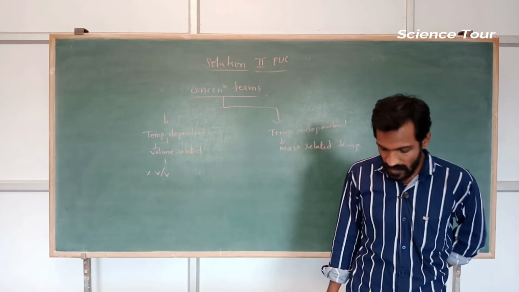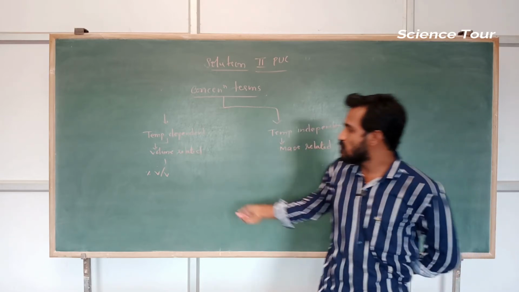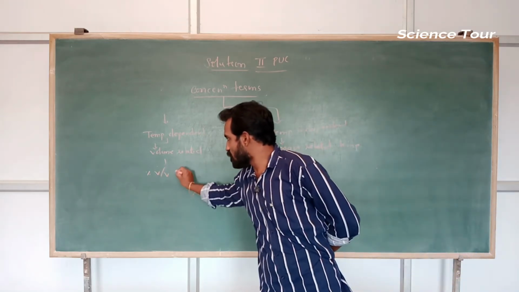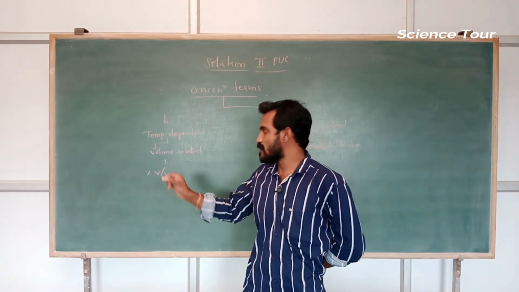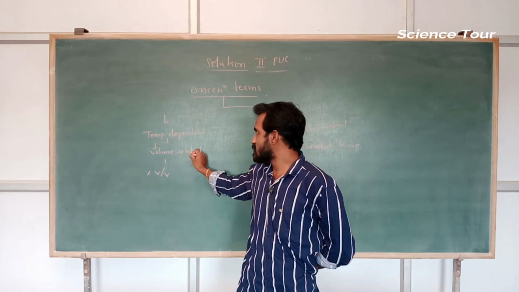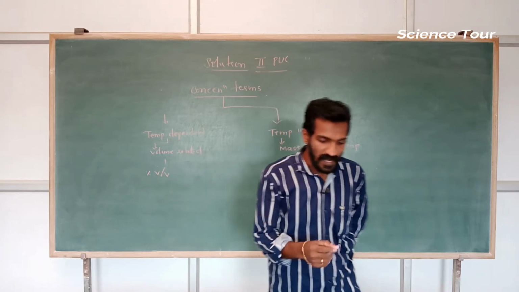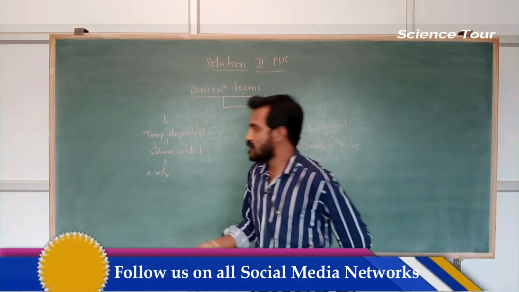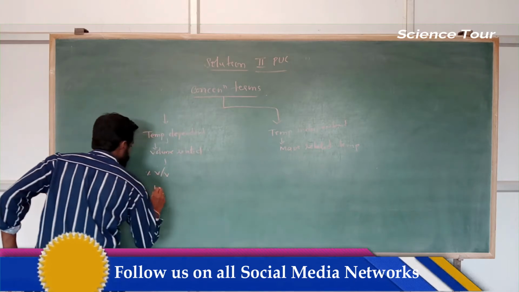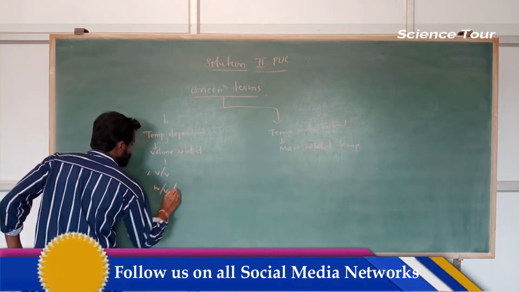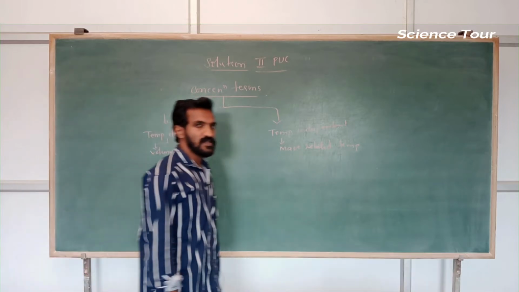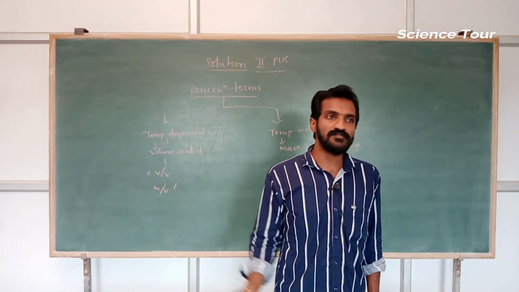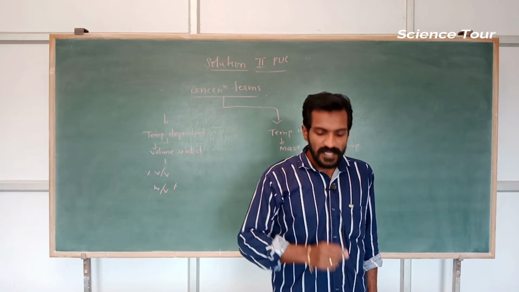In volume by volume percentage we can see the volume term. So if any question is given with volume by volume percentage, then it is temperature dependent. And next is weight by volume percentage. Here the volume term is there, so it is temperature dependent.